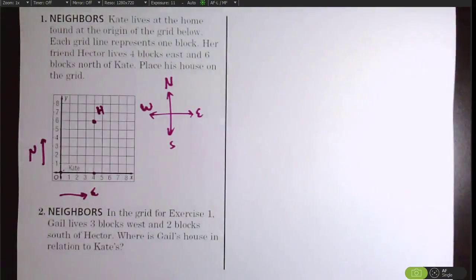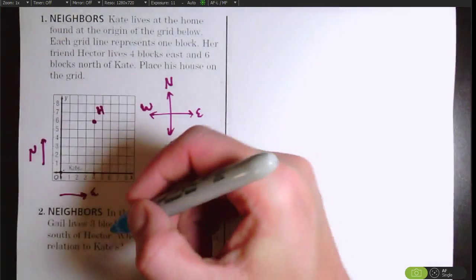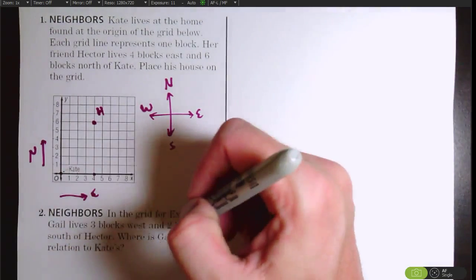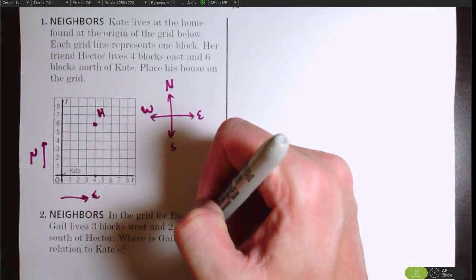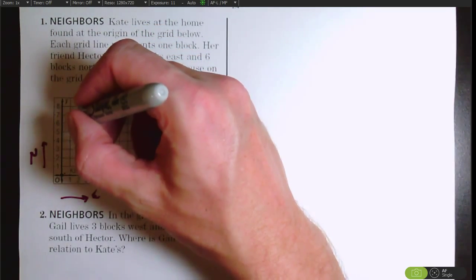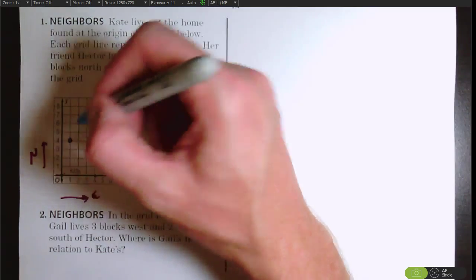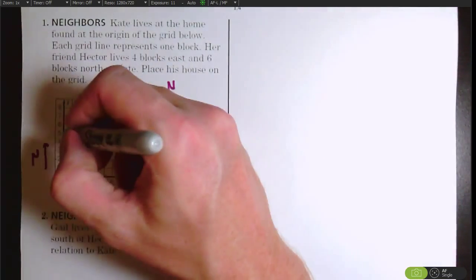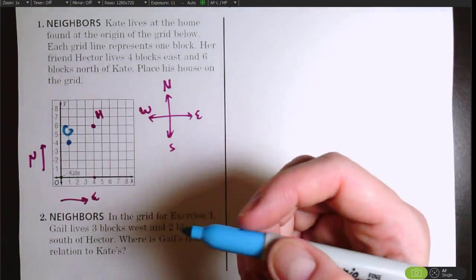Okay. Now number 2 says, Gail lives 3 blocks west and 2 blocks south of Hector. So here's Hector's. I have to go 3 blocks west, 1, 2, 3, and 2 blocks south, right here. So there's Gail. So where does Gail live?